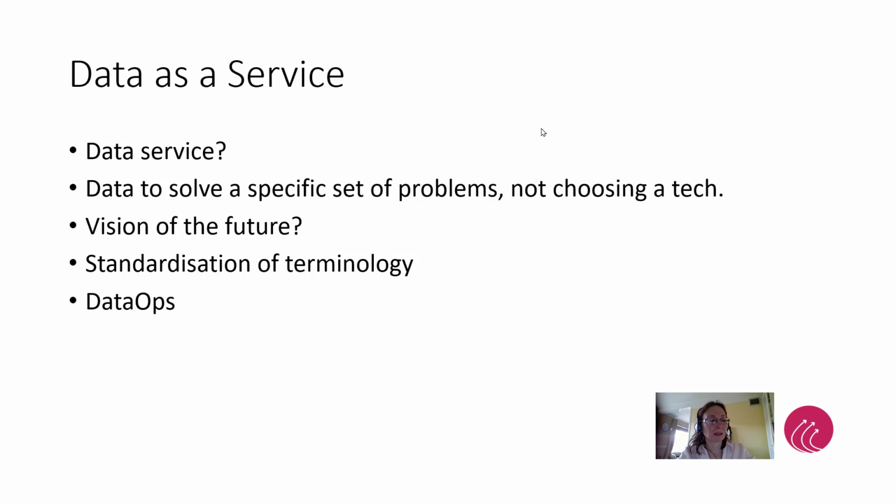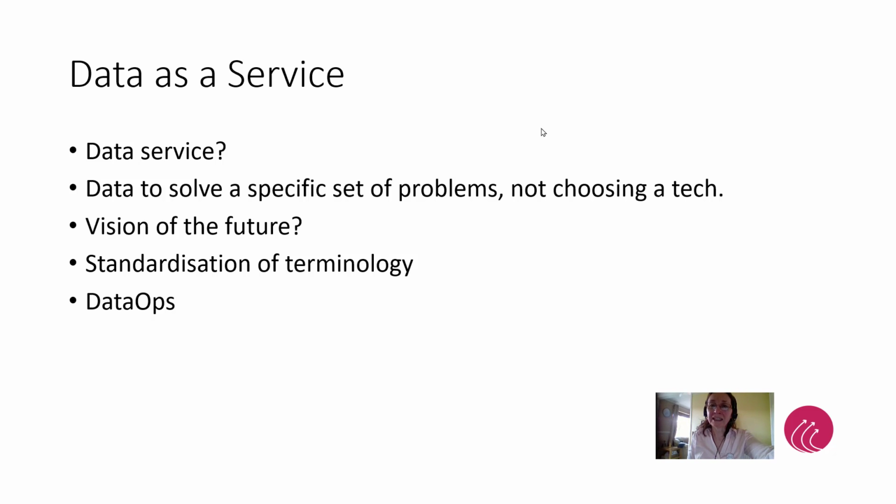So what is it you're trying to supply to the service? You're trying to give people data as a service, and it's like a utility. They should be able to have as much data as they need. You can also think about the data as solving a specific set of problems in that organization, not just choosing a technology, but more about giving them another tool that they can use in order to solve problems. So that's important as well. And it's also about giving them a vision for the future.